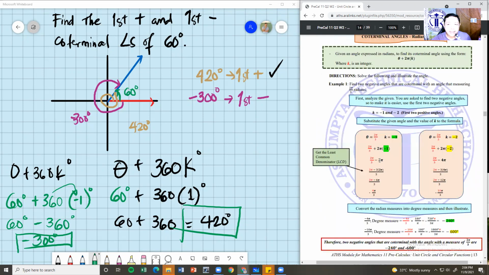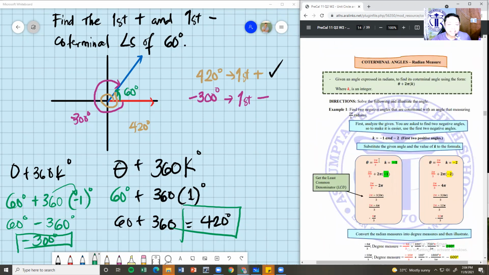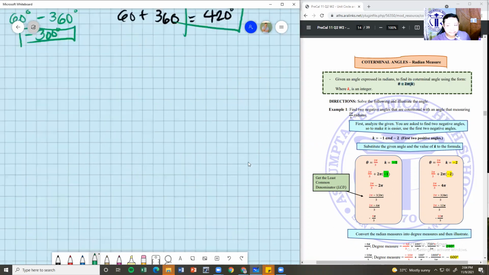Now, what if our coterminal angle is a radian measure? We have this formula, theta plus 2 pi k.